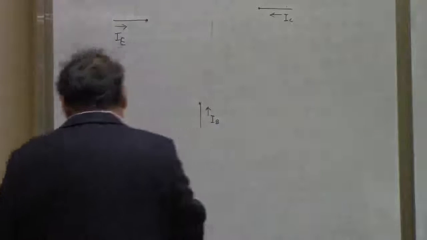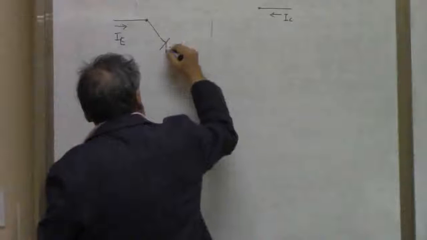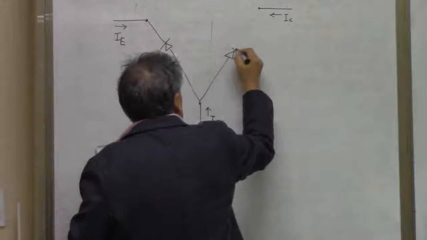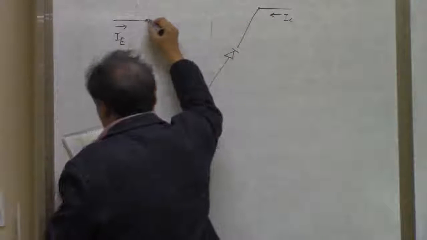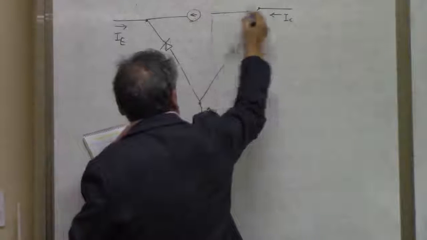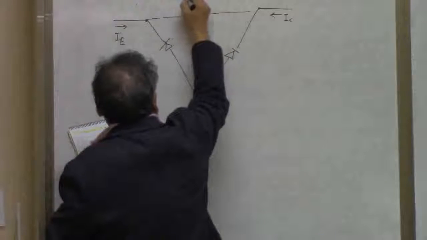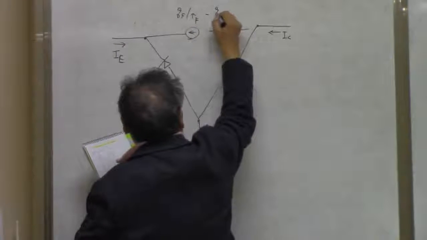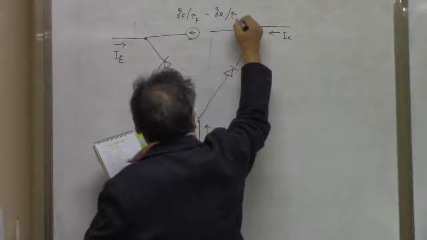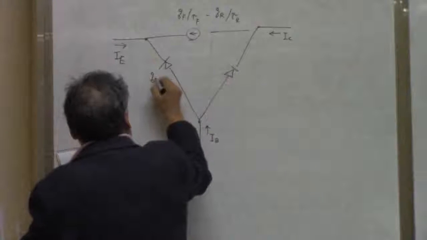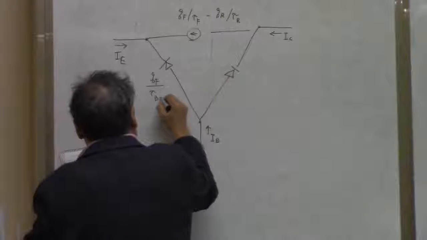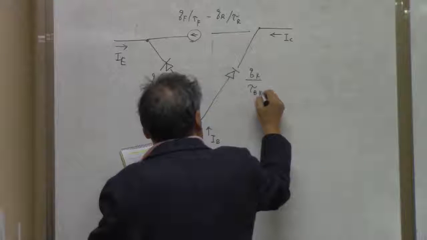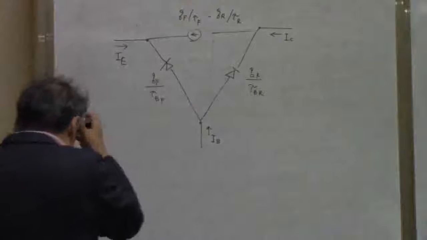Okay, and then we can relate these things with 2 charges here, and this is going to be QF over tau RF minus QR over tau R, and this is QF over tau BF, and this is QR over tau BR, so that we can develop the equations.